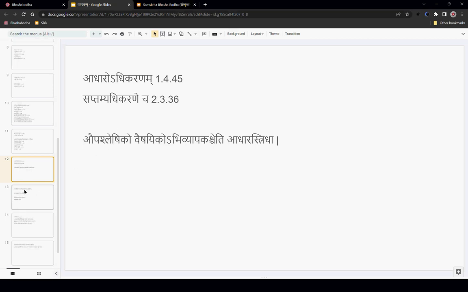Asane upavishati: kah upavishati, kaschit upavishati. There the karta itself is the adhikaranam for asanam. Now what types of adharas are there?